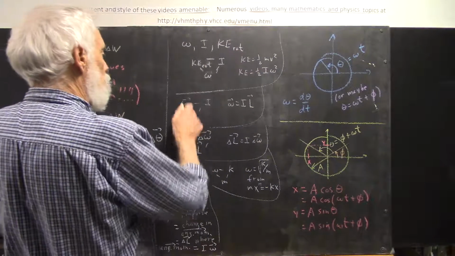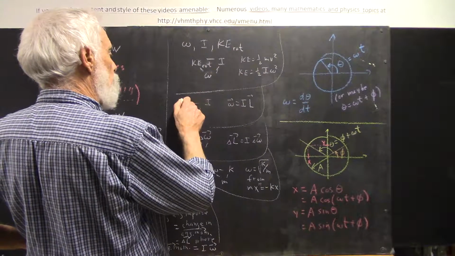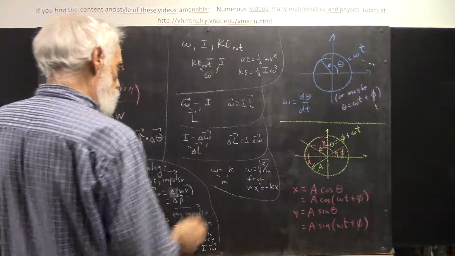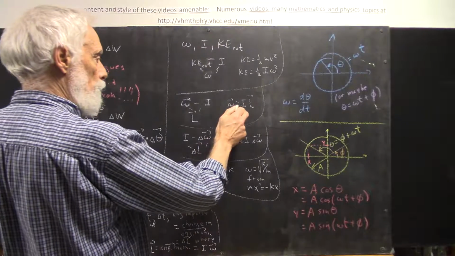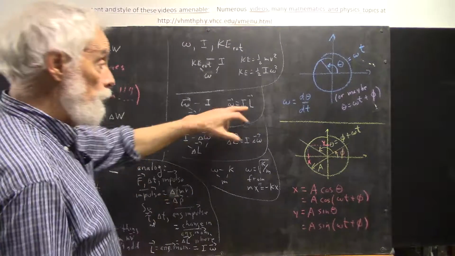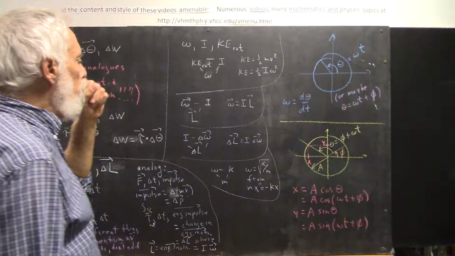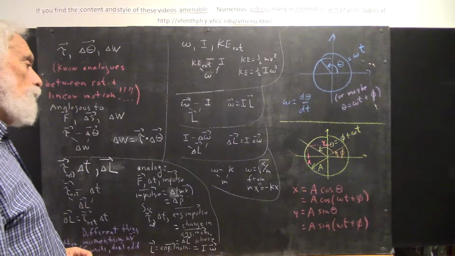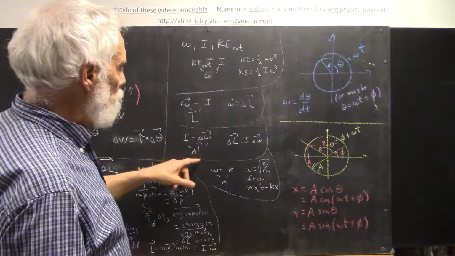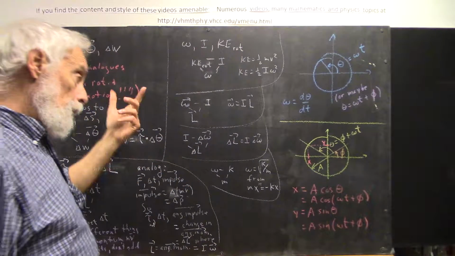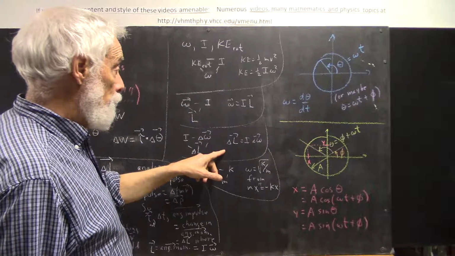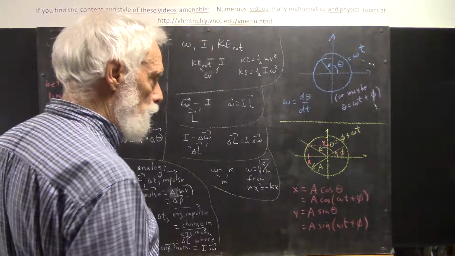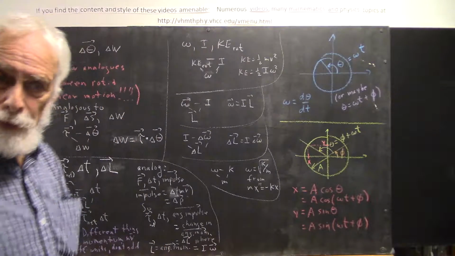Now we have another relationship among omega, I, and L, which I kind of alluded to down here. L equals I times omega, where L is angular momentum. Take that as your definition of angular momentum. Then I, delta omega, and delta L are related by, well, I said delta L is I delta omega. I was a little bit careless when I said that.